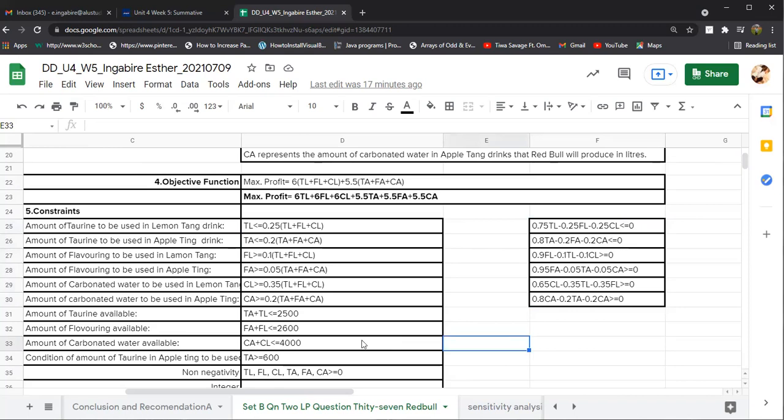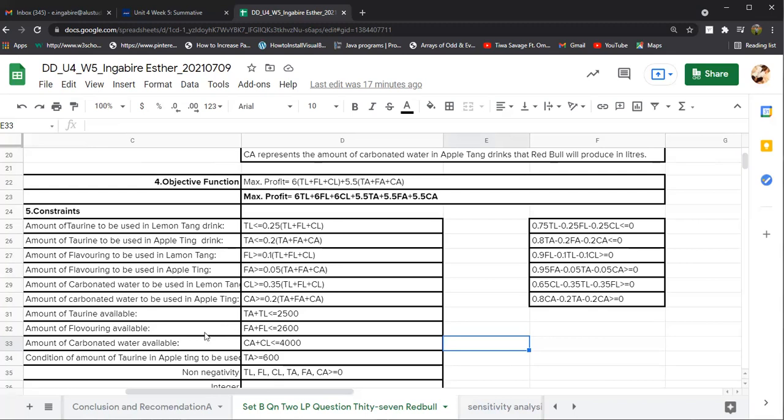Coming down to the amount of taurine available, they said it will be no more than 2,500 liters. That is what is available for taurine.